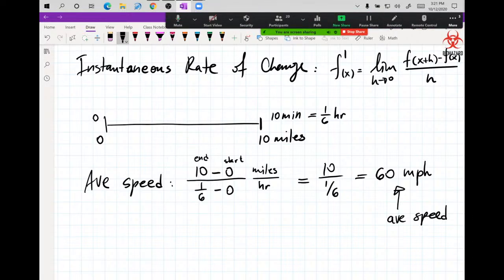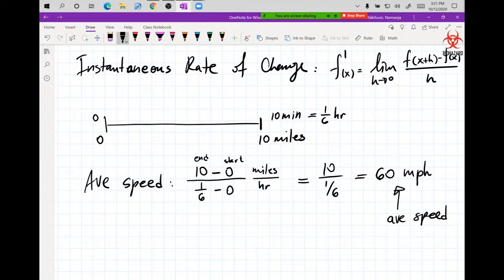Now, what that number means is that since you started with the car having 0 miles per hour and you got to your destination 10 miles later, 10 minutes later, and you parked the car, you know that those two speeds are 0 and you had to speed up to whatever speed you were driving and then slow down.